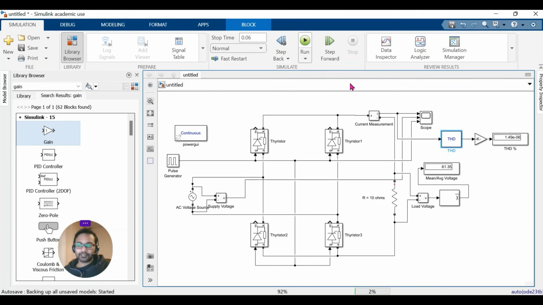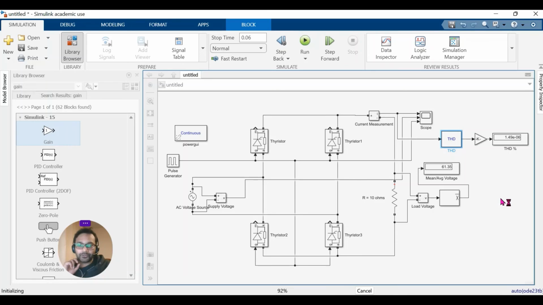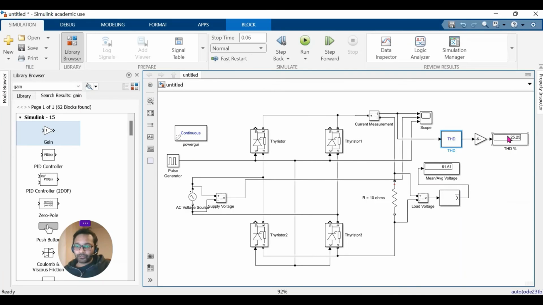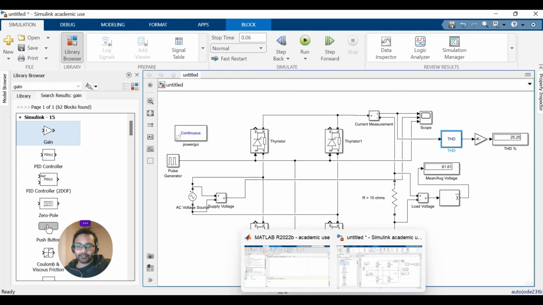Okay, now let's run the circuit to check the output. Okay, so total harmonic distortion, it's coming out to be 25.25% for 10-degree firing angle.